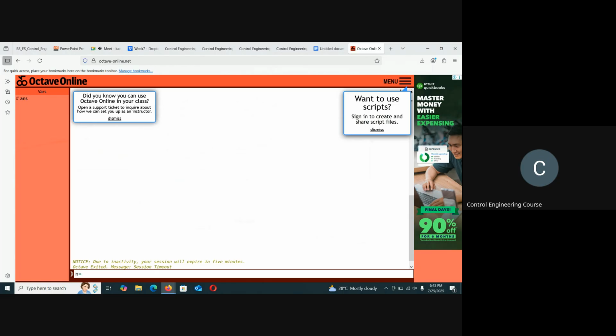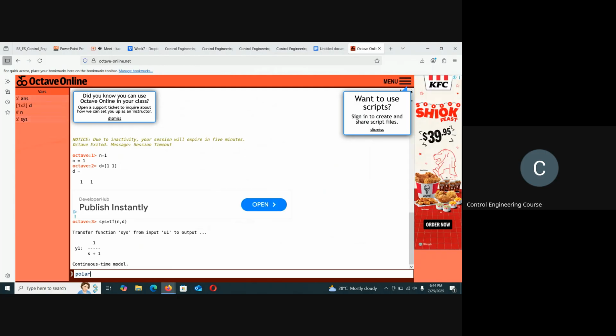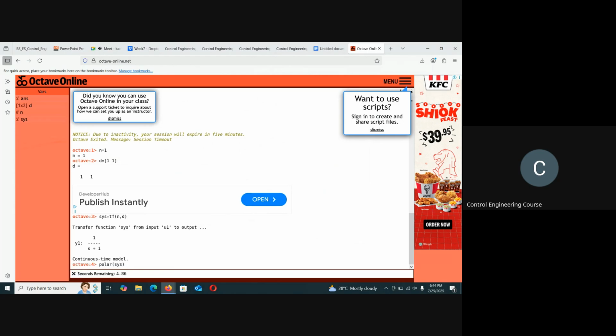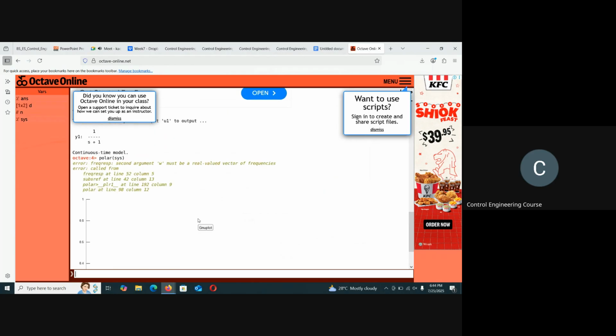So numerator, let's call it 1. Denominator, let's call it 1, 1, which is s plus 1. So let me call the transfer function sys. See here? And then let me plot the polar of sys. Wait, I think I typed the wrong command here.